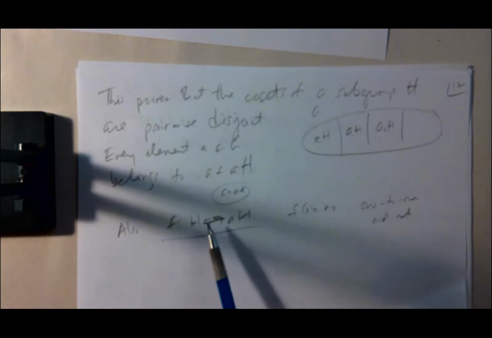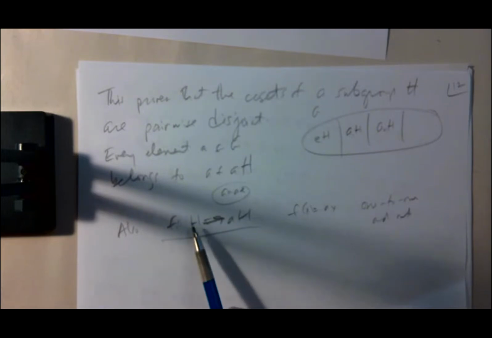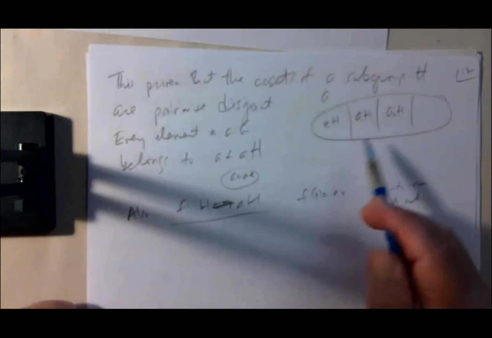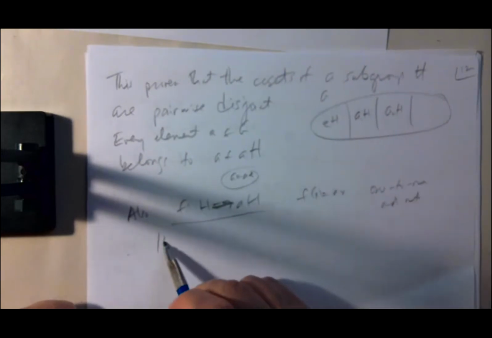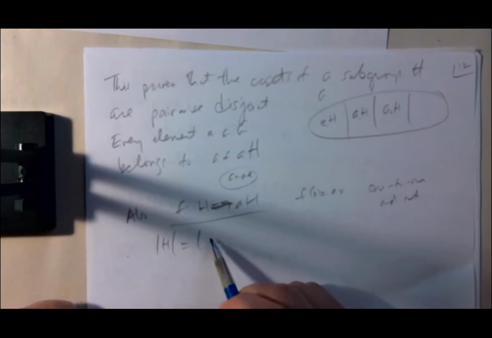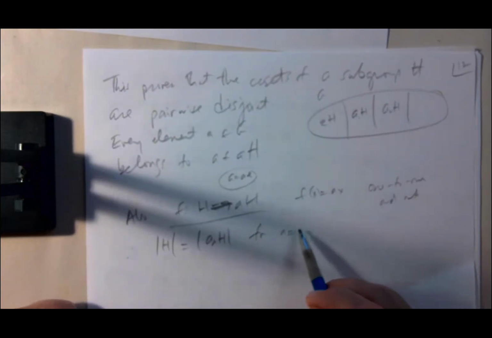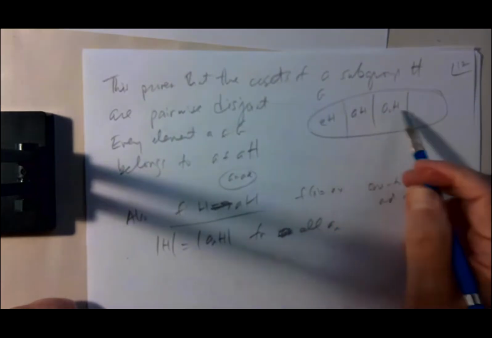So this establishes a 1-to-1 correspondence between H and AH. So the cardinality of all of these cosets is the same for all of these A's.